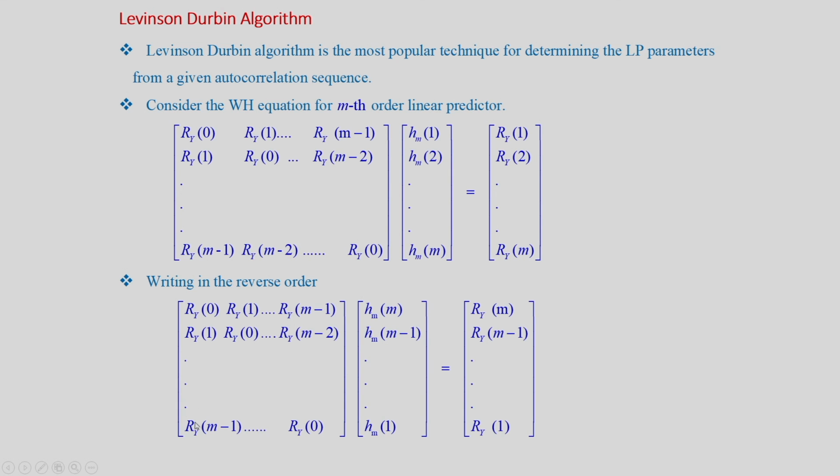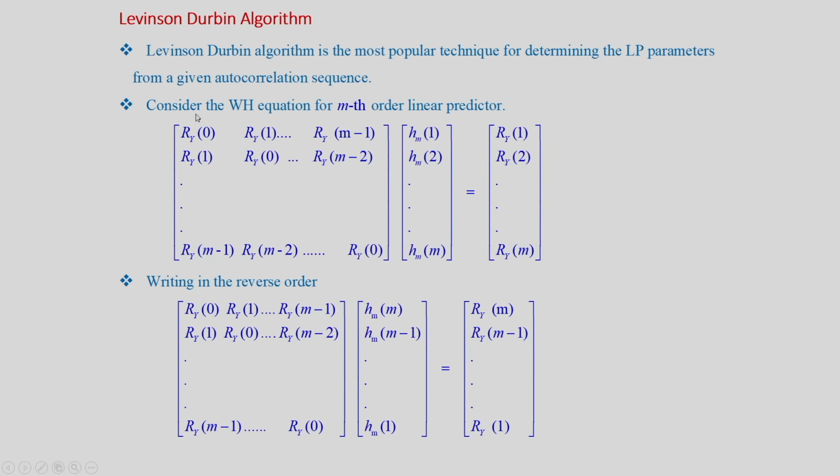If I write the reverse order, this matrix is the same, but the coefficients are in reverse order, and the right hand side also, accordingly, has its order inverted: first rym and then ry1. So, by reversing the order of the coefficients we get this equation.